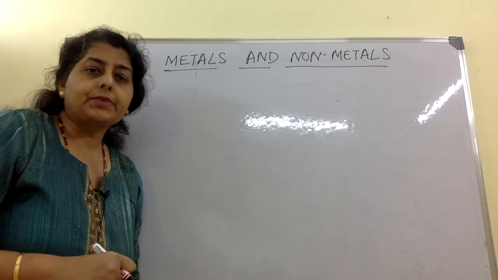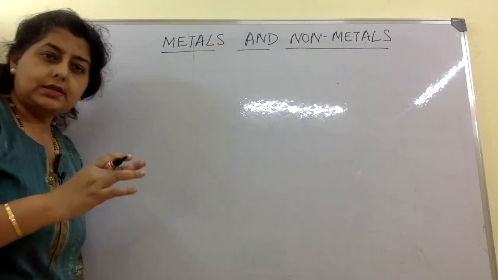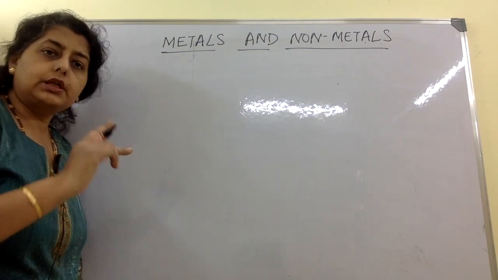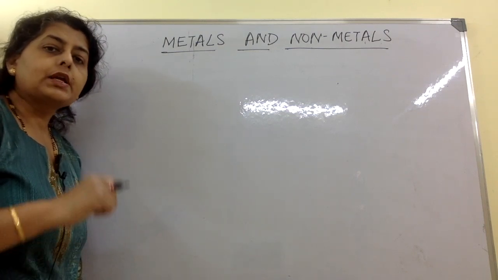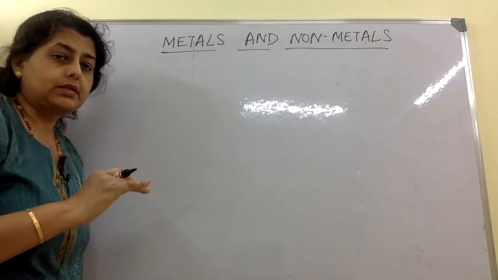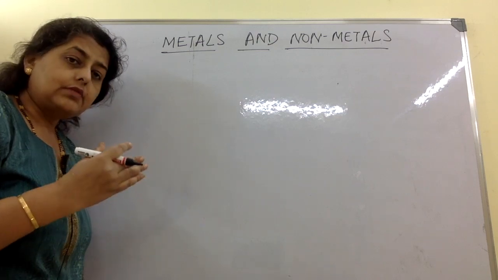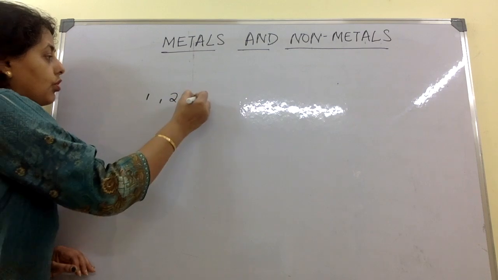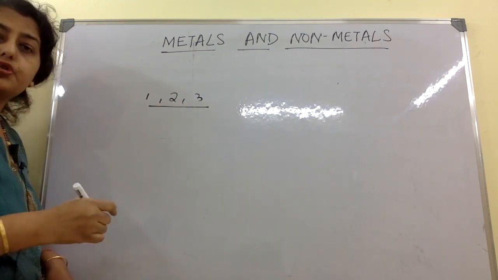So let us start. When we talk about metals and non-metals, it's not a very new thing. You have heard about it before in 9th and 8th standard. Firstly, what are metals and what are non-metals? Metals are the ones which have either 1, 2 or 3 electrons in the outermost orbit.